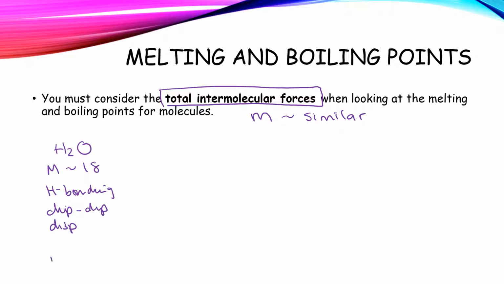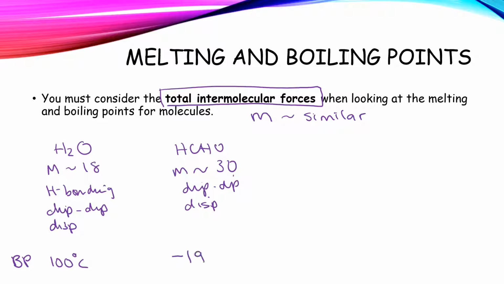Its boiling point is 100 degrees Celsius. If you look at methanol, its formula mass is approximately 30. It has dipole-dipole interactions and dispersion forces, but its boiling point is negative 19 degrees Celsius.